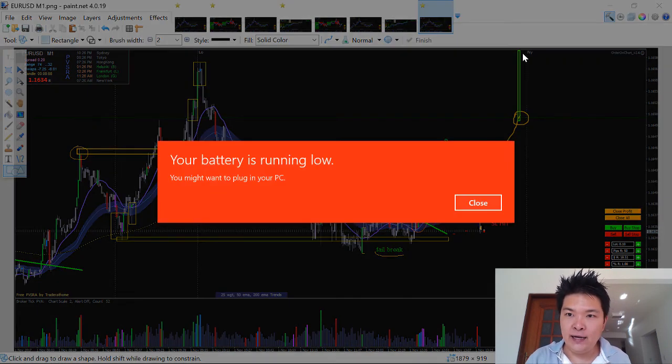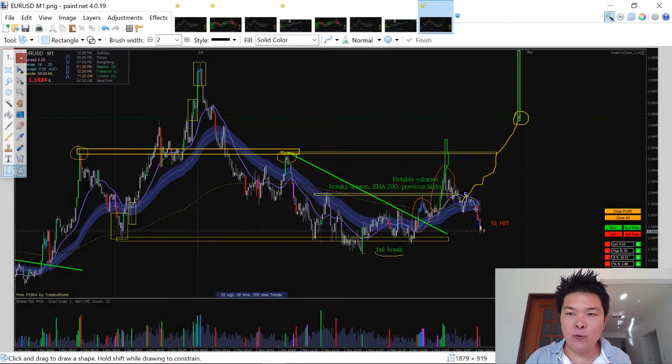And then I wanted to see a bounce back to the dragon. So after this one, I wanted PA to go down again and hit the dragon, and then I would enter expecting it will go up.